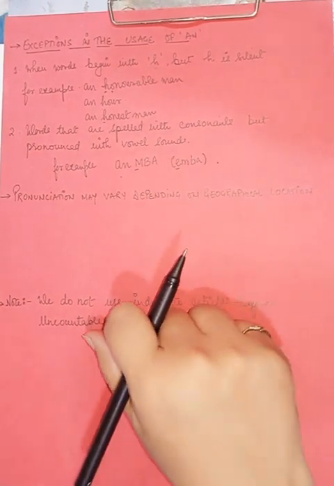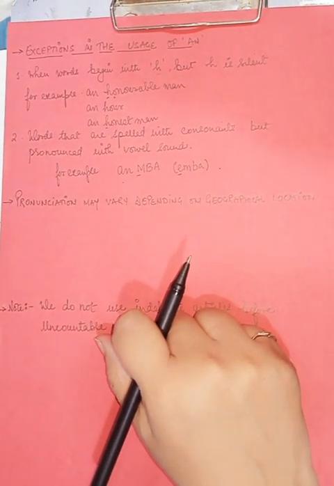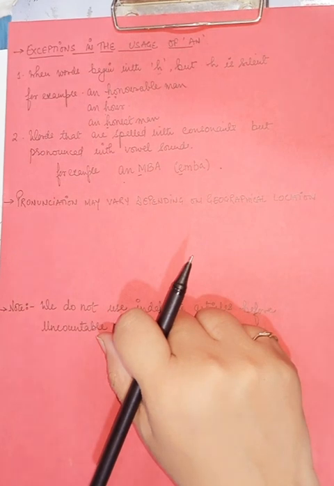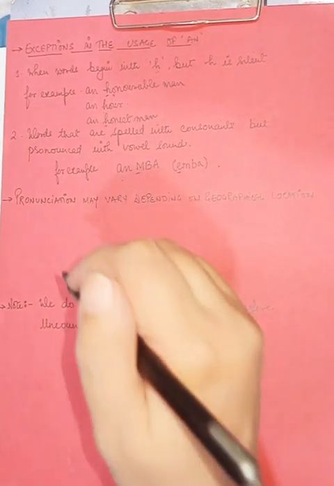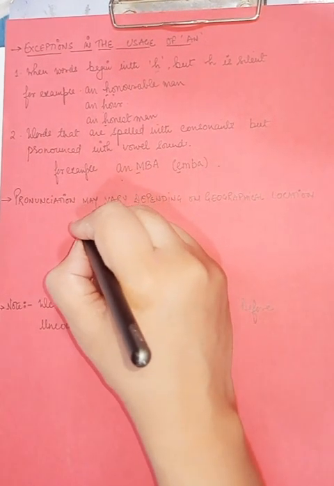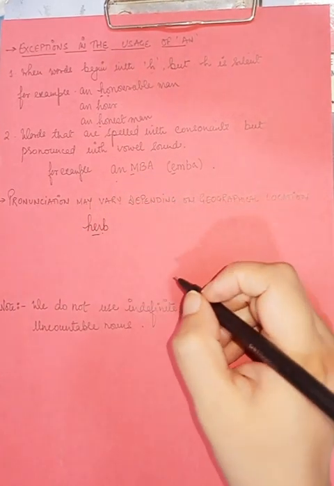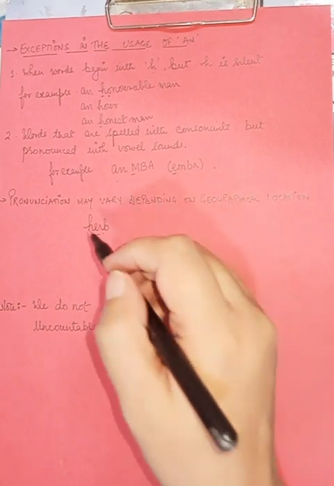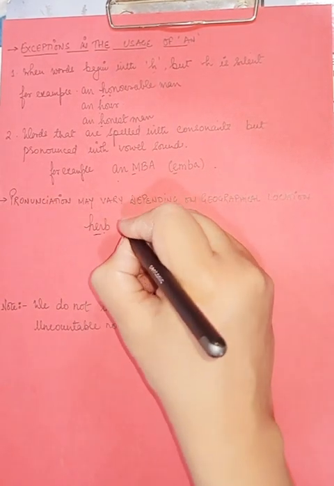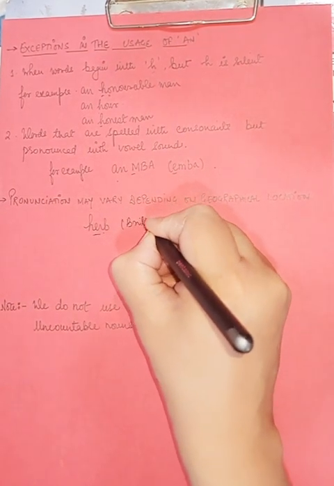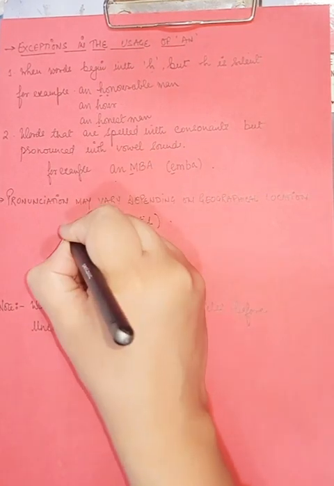Sometimes, though it may sound quite funny, the pronunciation may vary depending on the geographical location too. For example, we have the word herb. In India, as well as in the British accent, we say herb. H is not silent, so we say a herb.